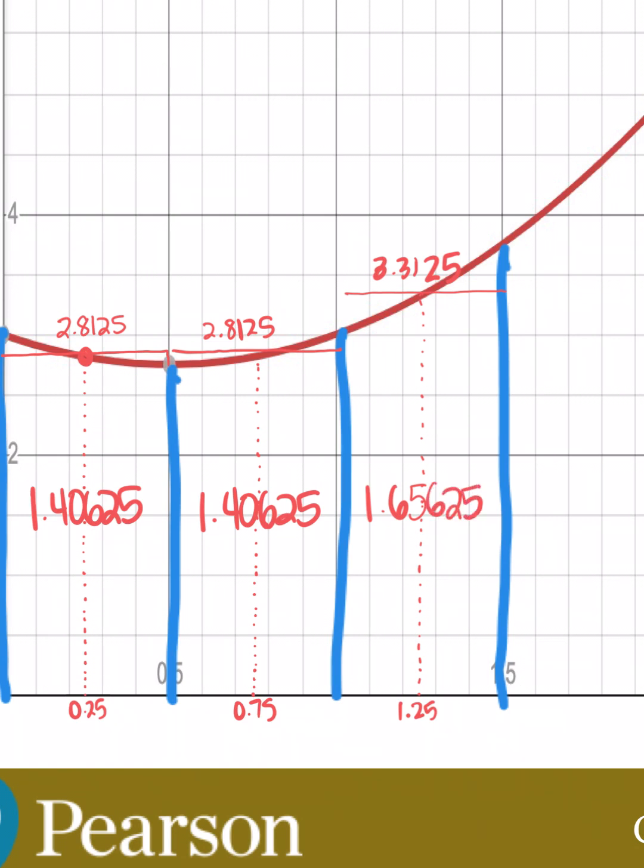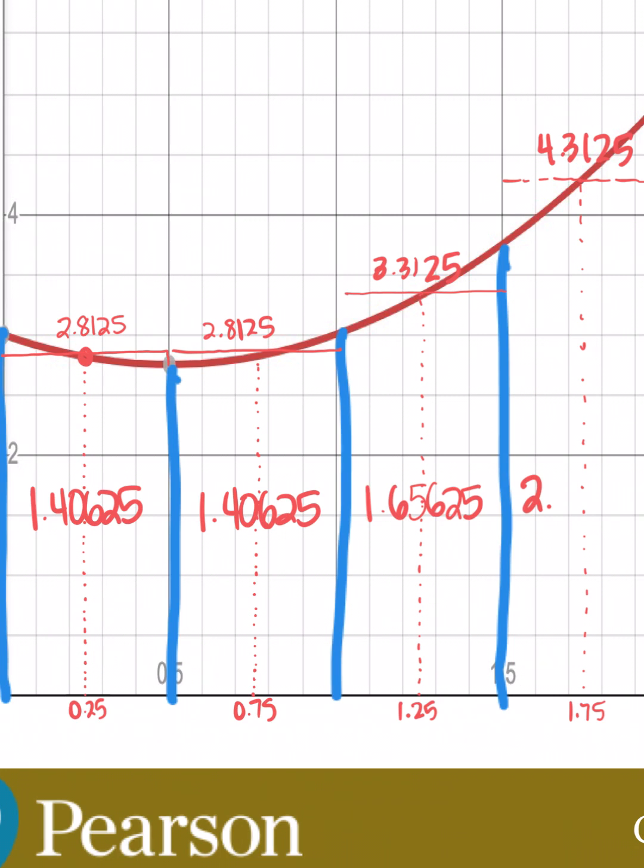1.65625. And we keep doing this. Use the height from the table. The next one would be 1.75. Okay, and the height is going to go here. The height at 1.75 is 4.3125. So then the total area will be 2 point, what do we get?